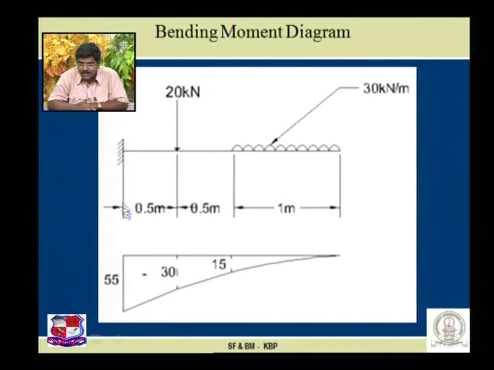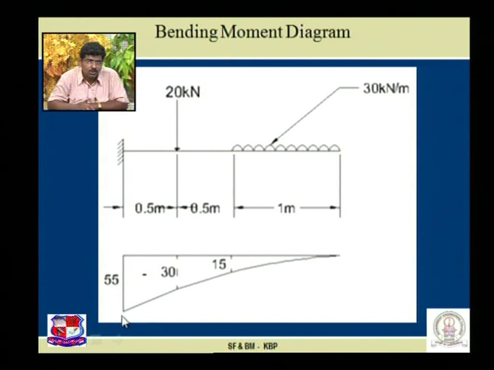Now at this junction, the bending moment value is 30 into 1 into bracket 0.5 plus 0.5 plus 1 by 2. That is 0.5 plus 0.5 is 1, 1 plus 1 by 2, that is 1.5. So 30 into 1.5 plus 20 into 0.5, the answer comes to be 55, and there is no load between these 2 points.